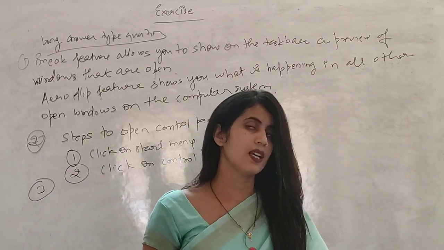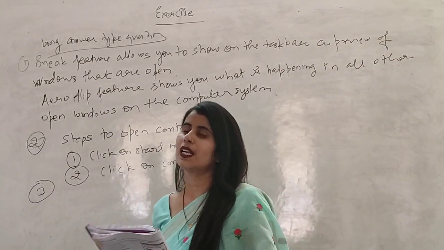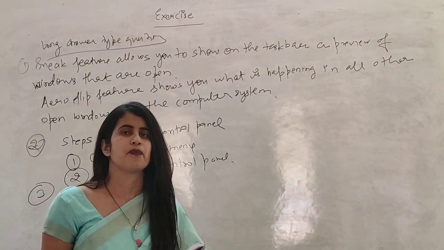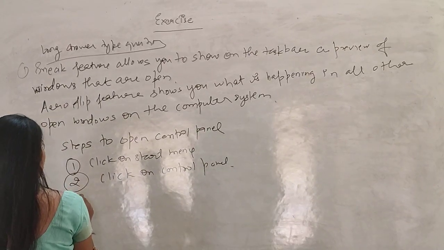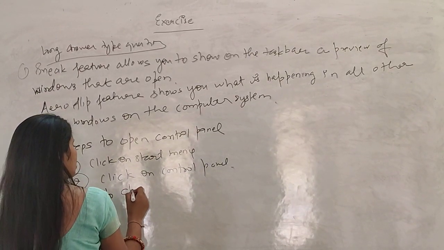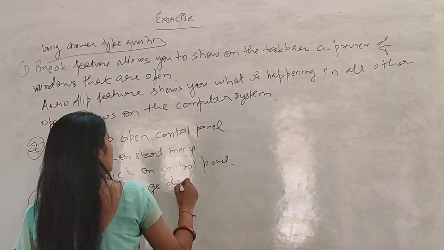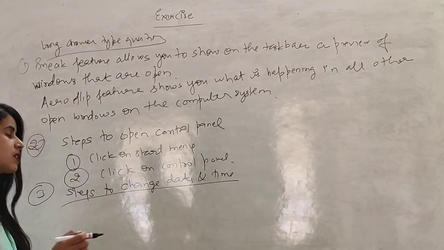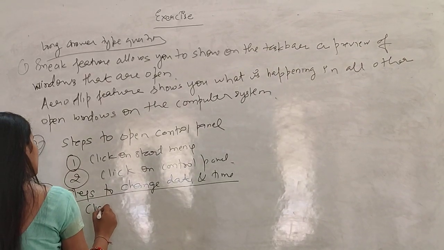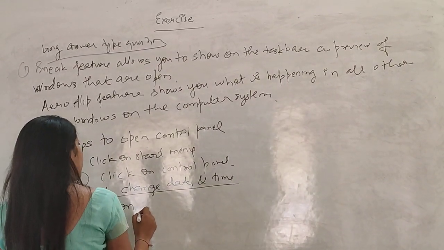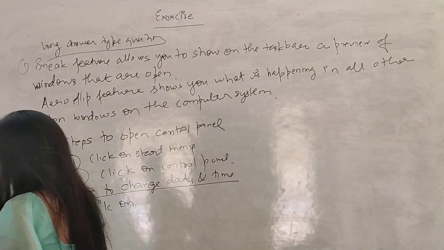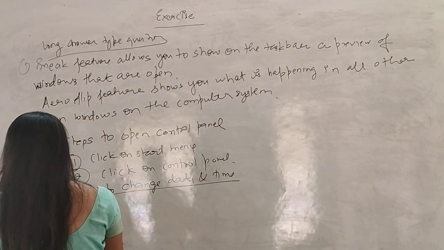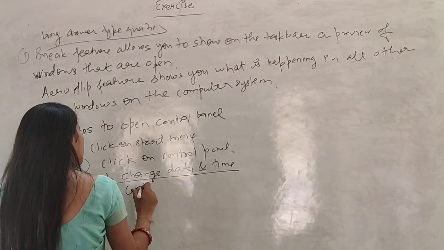Next question is, how can you change the date and time? Means write steps to change the date and time. So we will write here steps to change date and time. Okay. So the first step that we will follow is, at first we will open control panel.